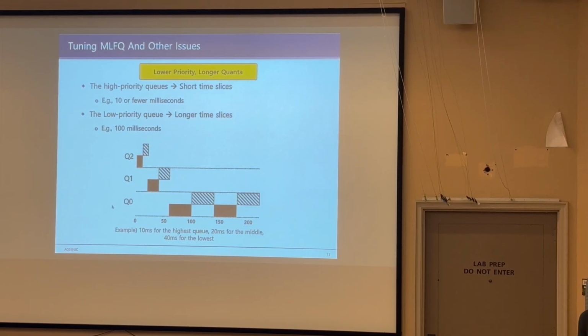All right. So there are some other adaptations of multi-level feedback queue. This is another example. If you have a lower priority, you have a longer quantum, and if you have a higher priority, you have shorter time slices.